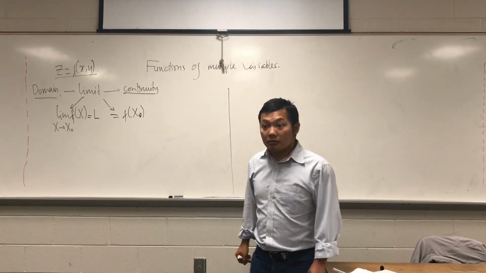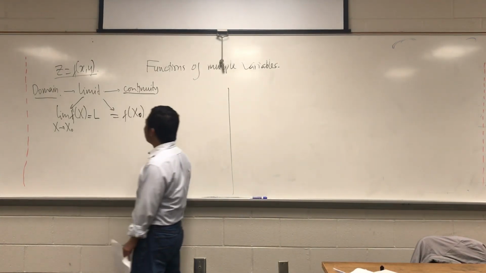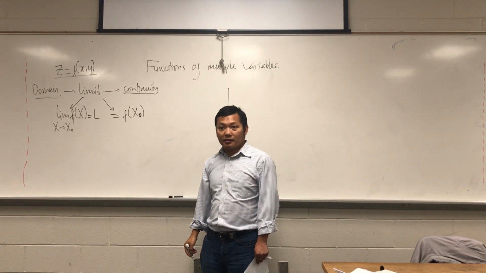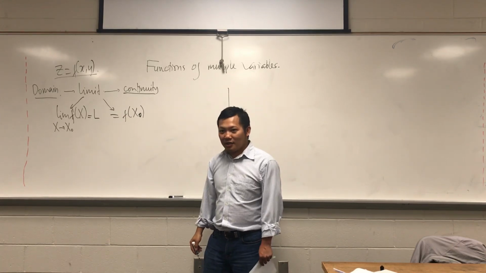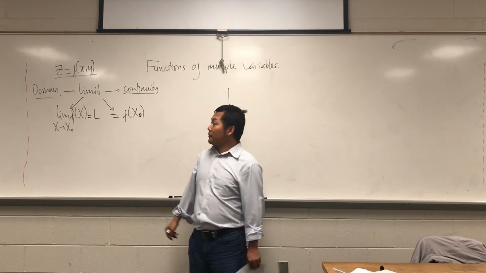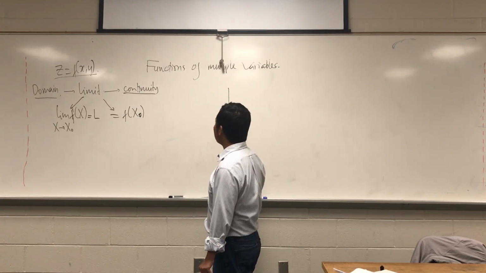I think it's very difficult to check whether a function has a limit, or check continuity, by using the definition. We have experience with it: we have some function and we have to use the definition to check that. Sometimes this is extremely difficult.